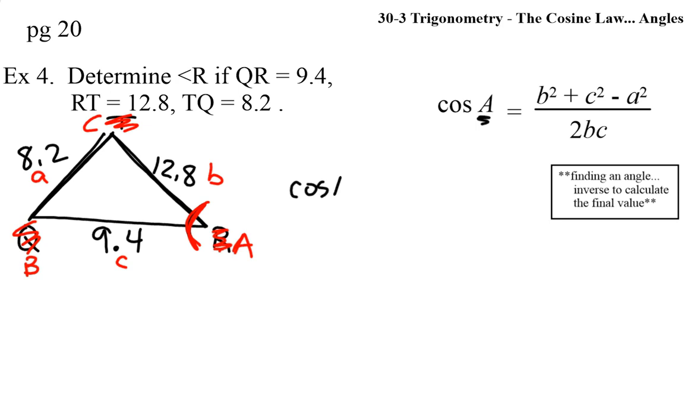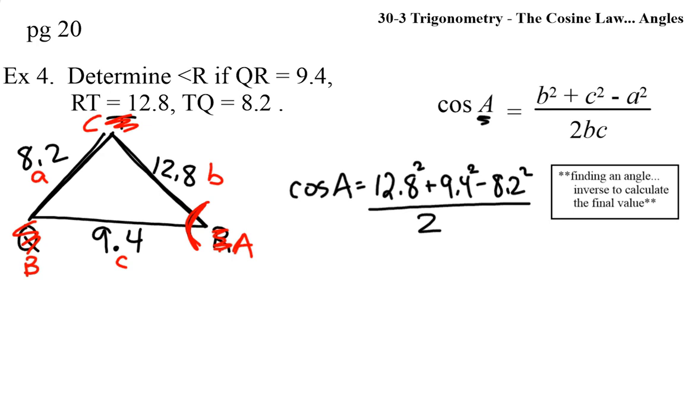Cosine A equals B squared, 12.8 squared, plus C squared, which is 9.4 squared, subtract A squared, which is 8.2 squared, all over 2 times the B value times the C value.